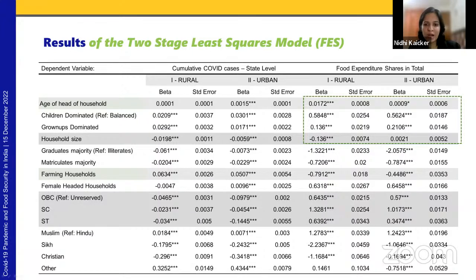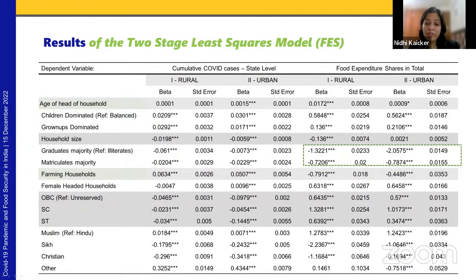The children-dominated households have a higher share of expenditure on food on average relative to the grown-up dominated households, who have a higher average food expenditure share compared to the balanced households. And we know that children need energy, water, and oxygen to support their growth processes, and more diversified diets inclusive of dairy, fruits, and vegetables, given the income constraint. Household size has a negative association, probably due to economies of scale in food consumption expenditures.